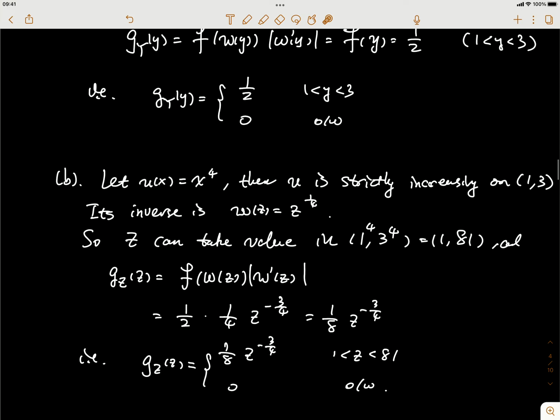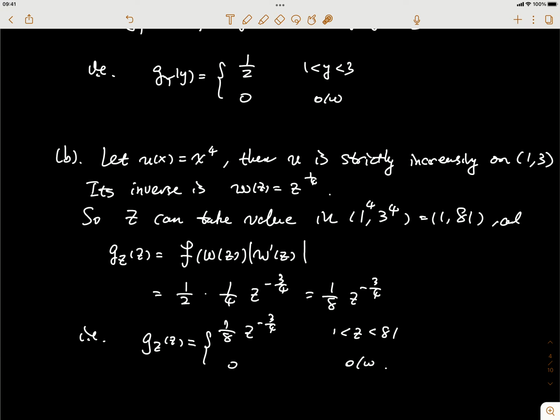So now the second question. Now z equals x to the fourth. So we can define this function u, that is x to the fourth. Then we know that this u is strictly increasing over the positive real numbers, and that's why it must be strictly increasing over the interval 1 to 3, which is the support of the PDF of x.